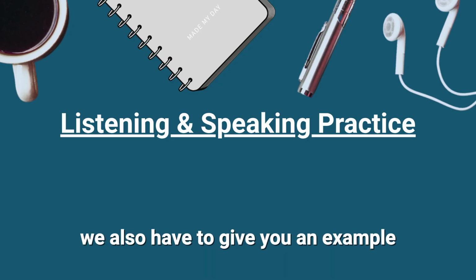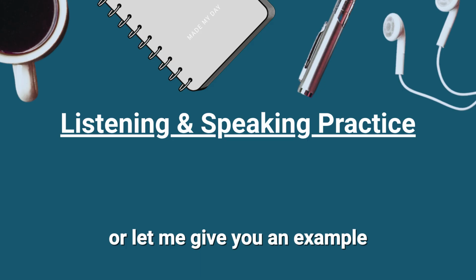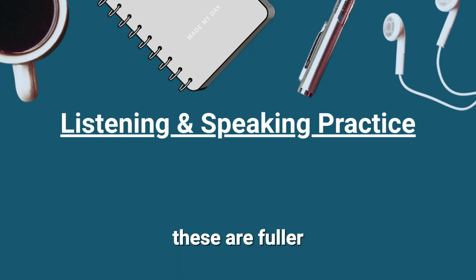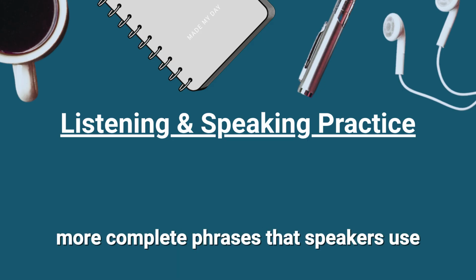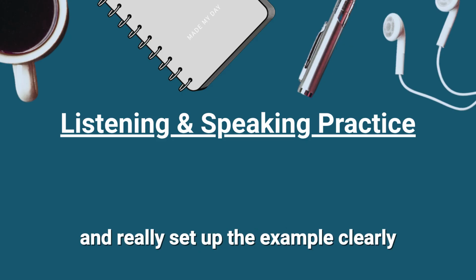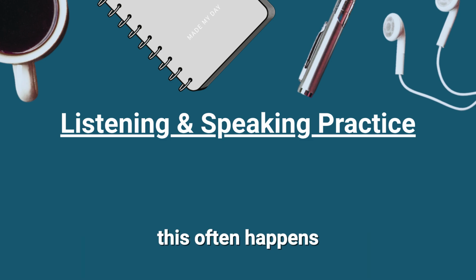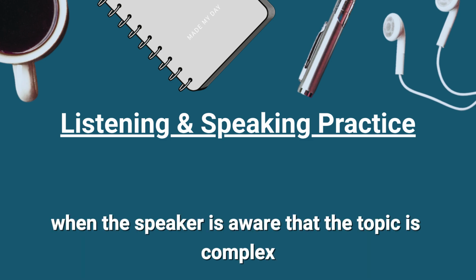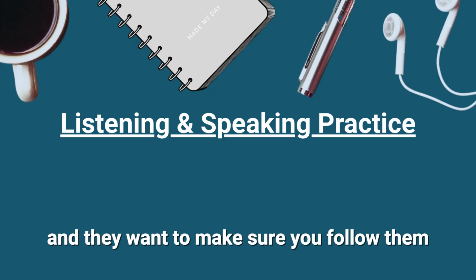We also have "to give you an example," or "let me give you an example." These are fuller, more complete phrases that speakers use when they want to slow down and really set up the example clearly. This often happens when the speaker is aware that the topic is complex, and they want to make sure you follow them.